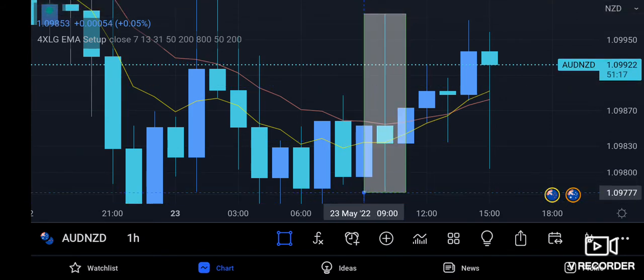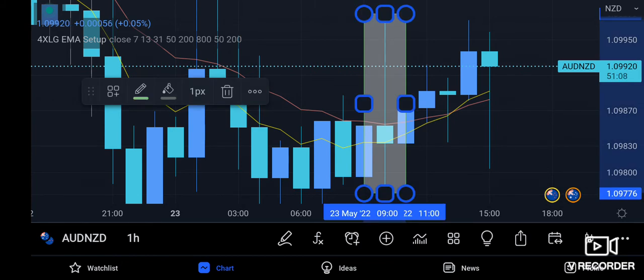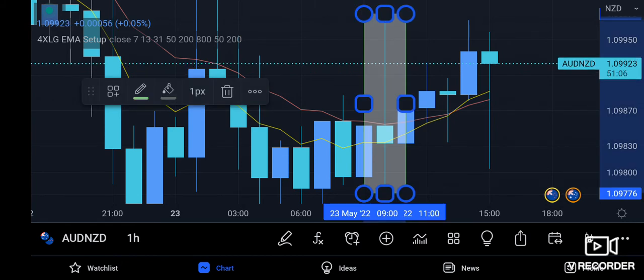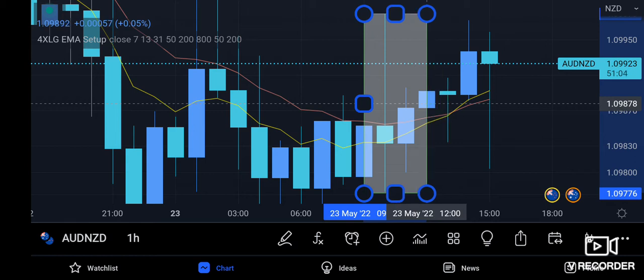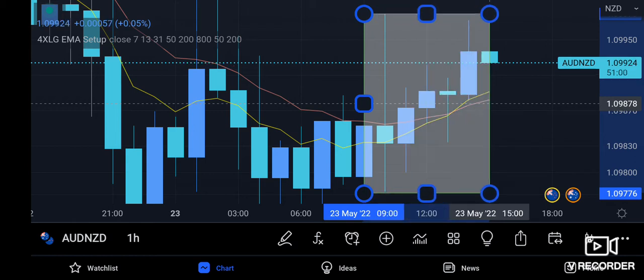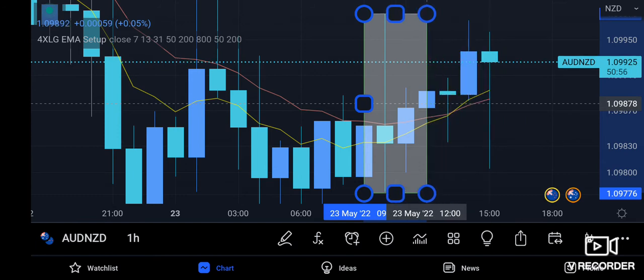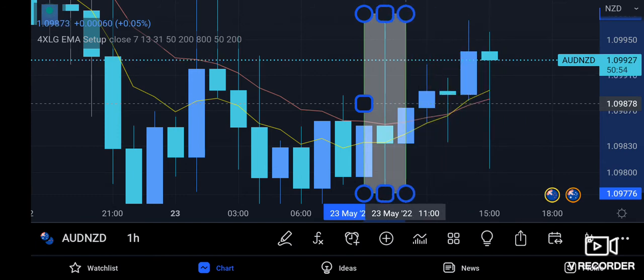I'm going to highlight the master candle here from the bottom of the wick to the top of the wick. It's the whole candle, the body and the wick included. The candle has to be bigger than the next four candles, and the wicks of each candle have to be in between the wicks of the master candle.